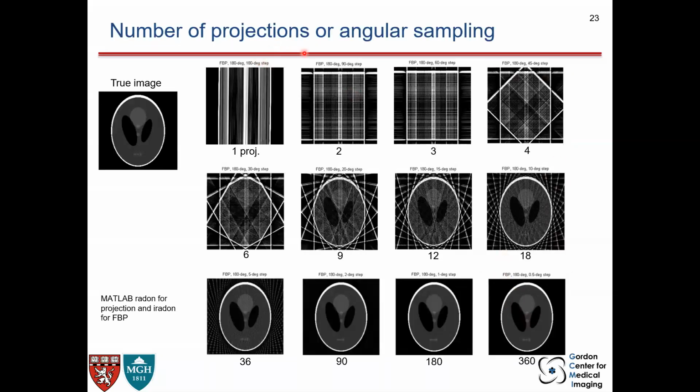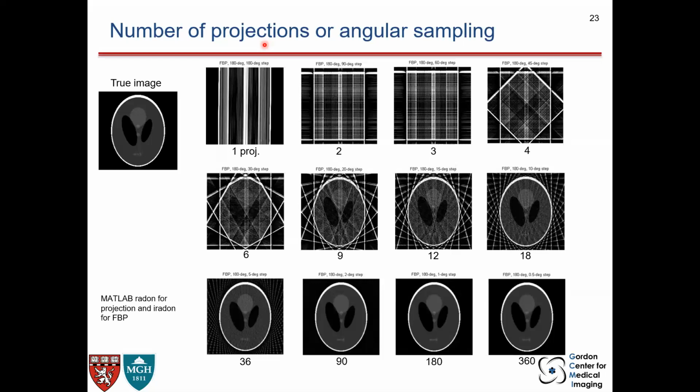So, number of projections, or angular sampling. This is another important factor when you're acquiring data, and they are intertwined, and you can't say one is enough or one is more important compared to the other. Both of them are equally important.